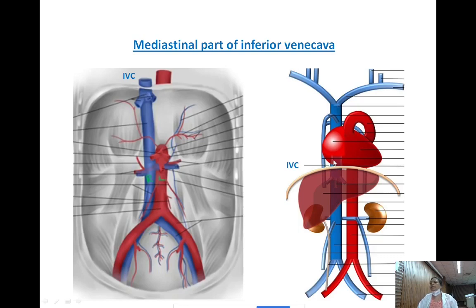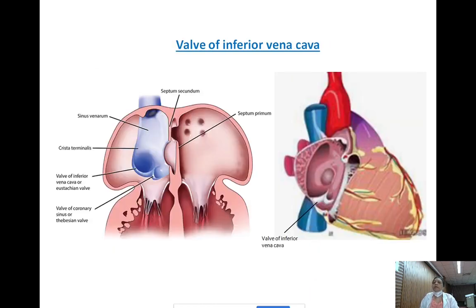Soon it enters, and as it enters into the right atrium, it is guarded by a semilunar valve, and that valve is known as the valve of the inferior vena cava or the Eustachian valve.